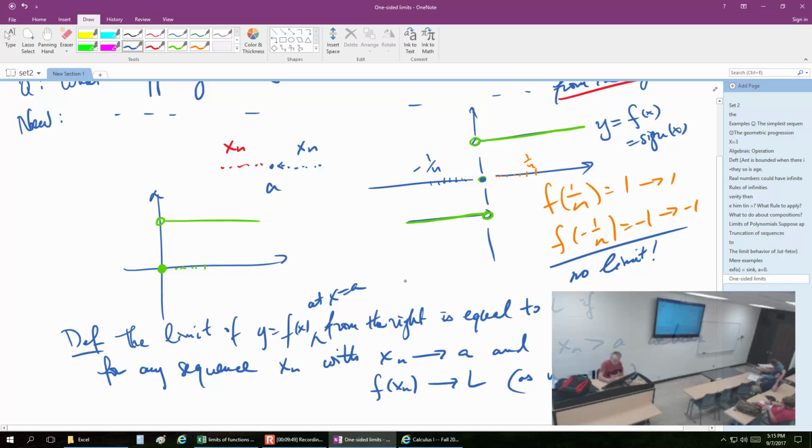Okay, so that is the definition, limit of a function at a point from the right. That's exactly what is written on the right, and this is the one extra condition that we add.